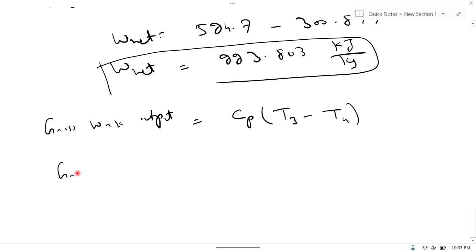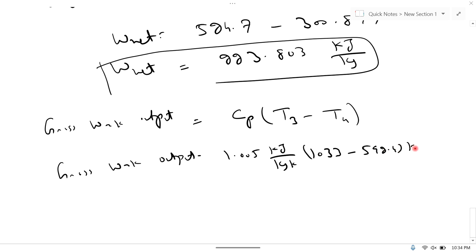So gross work output is equal to Cp, 1.005 kilojoule per kilogram per Kelvin, times T3, the maximum temperature 1033, minus T4, 592.4, in Kelvin.